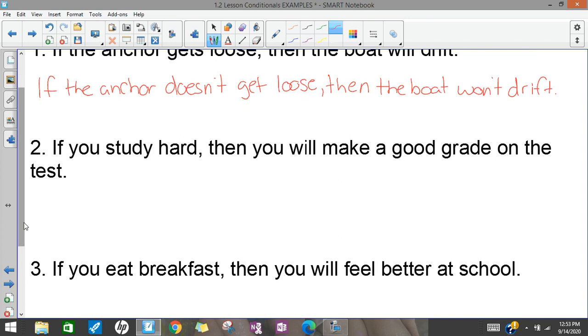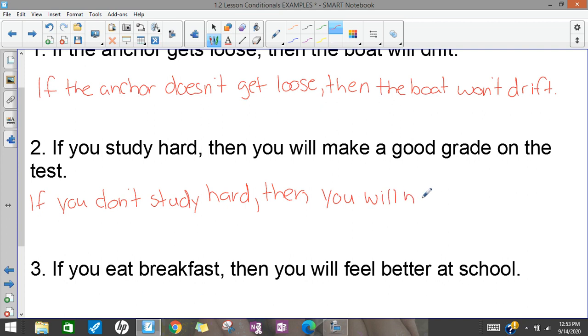So the opposite of studying hard is not studying hard. So if you don't study hard, if you do not study hard, if you're not studying hard, something like that, then we have to change the meaning of making a good grade on the test. The opposite of making a good grade on the test would be not making a good grade on the test. Then you will not make a good grade on the test.